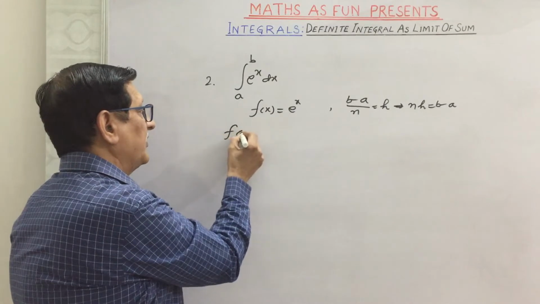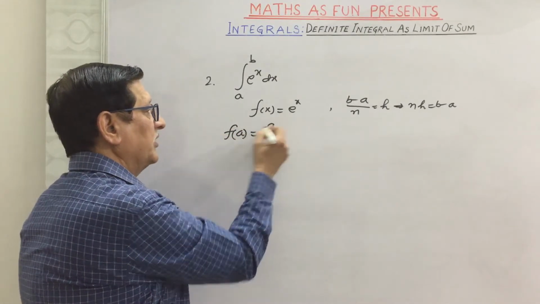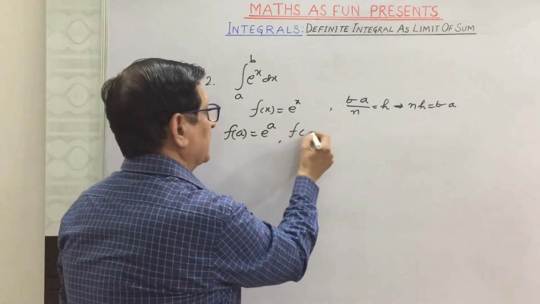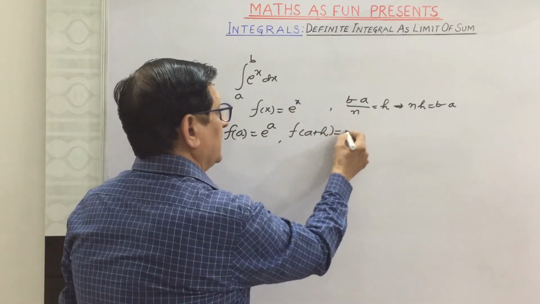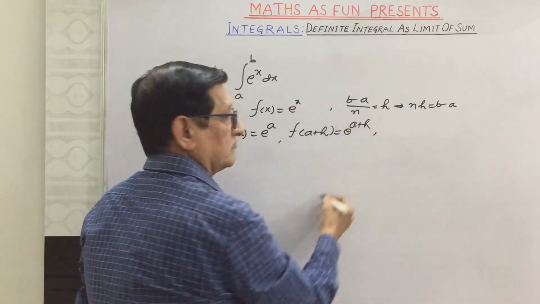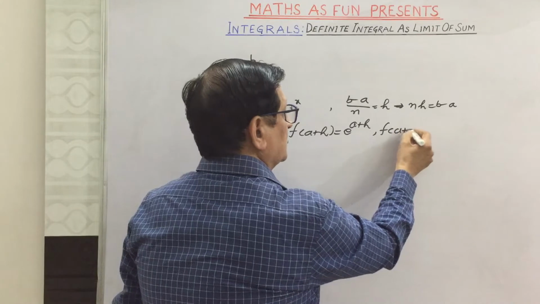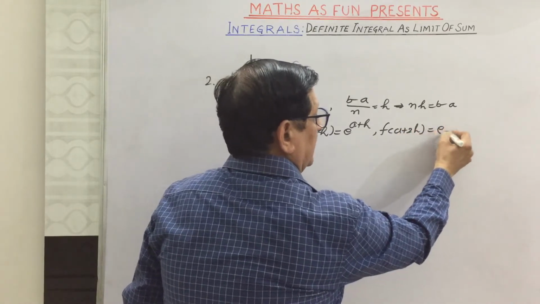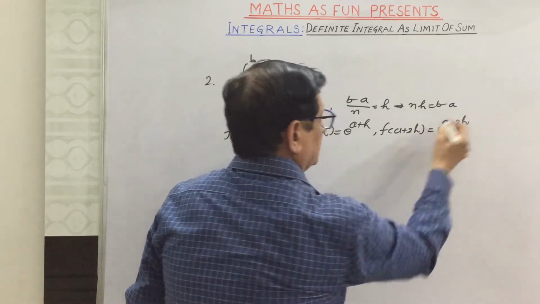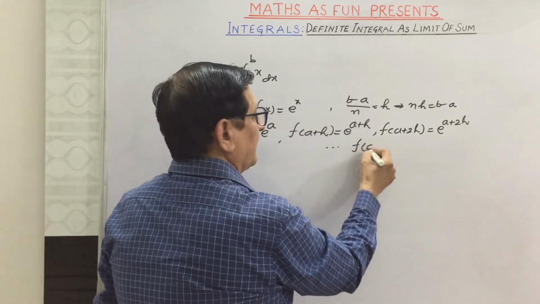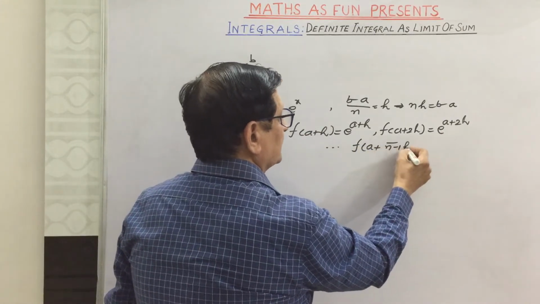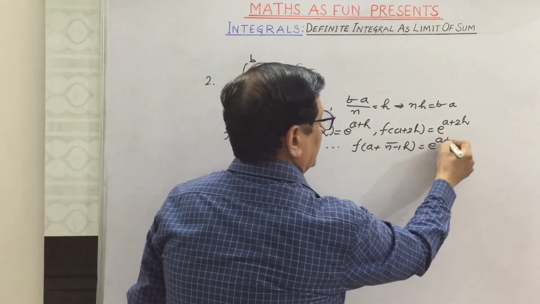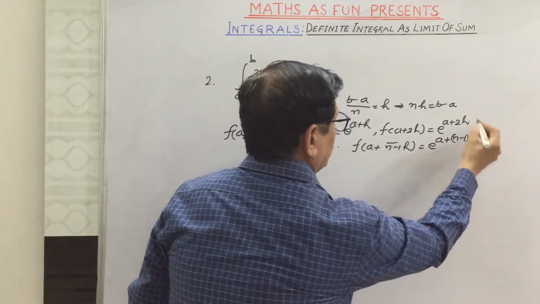Now we will start from the lower limit and find the values of this function. That is, f(a) will be e power a, f(a plus h) will be e^(a plus h), f(a plus 2h) will be e to the power a plus 2h, and so on. f(a plus (n minus 1) into h) will be e power a plus (n minus 1) into h.